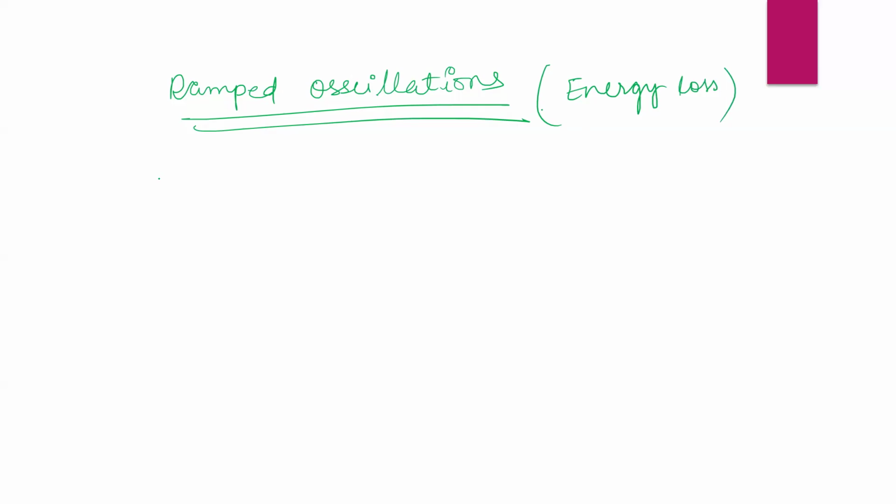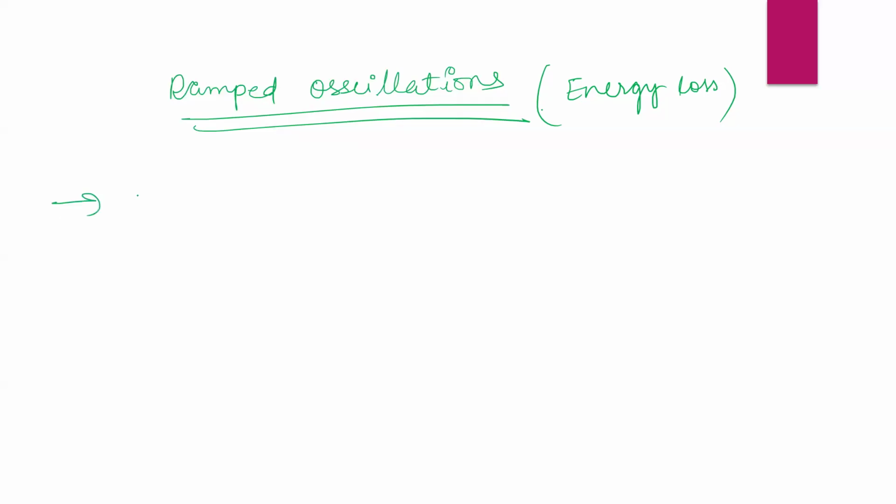If we take an example from real life, in real life oscillations don't last forever. The oscillation stops by itself after some time because of friction, air drag, or electrical resistance. So there is energy loss.